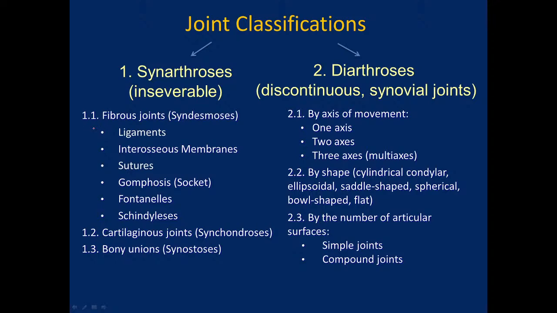Synarthrosis has 2 groups of joints. The first one is fibrous joints. Fibrous joints means that it is made from connective tissue.